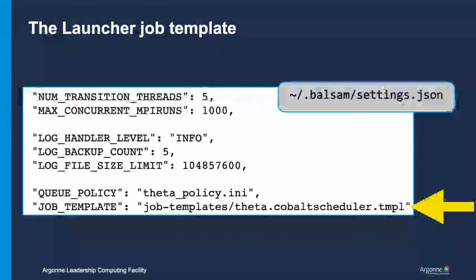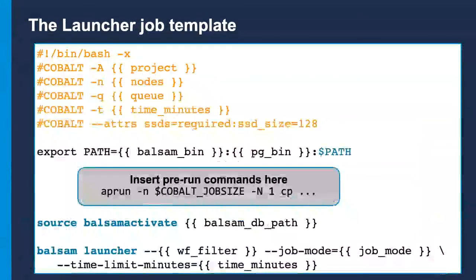And we can take a look here and see that before the Balsam launcher is invoked in our job, we have space to insert pre-run commands. So again, this can be setting environment variables or copying data to local storage. So this is a flexible way to do that before your job actually starts running.